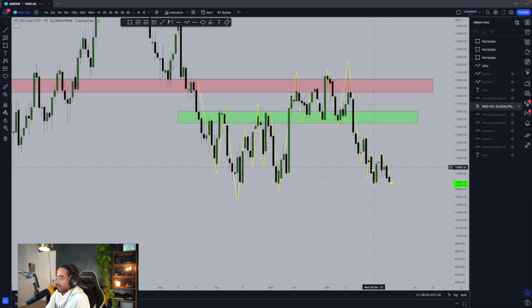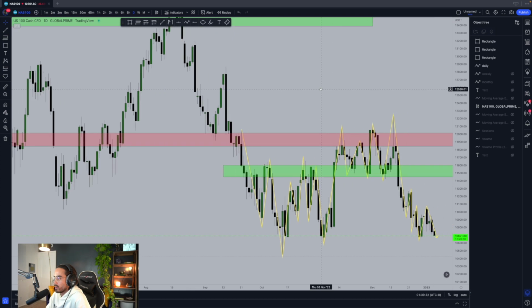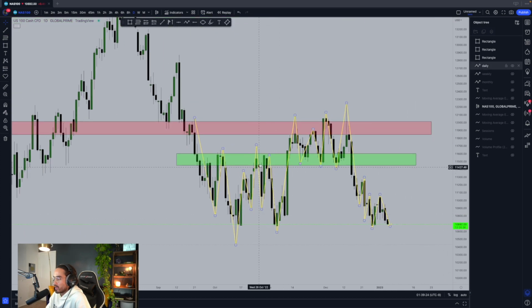Okay, and I guess the point that I'm trying to make here is that when you do your analysis on a higher time frame, you get these areas that become a lot stronger, and when we're looking at them from a lower time frame perspective, the chances of reacting in that area is very high.